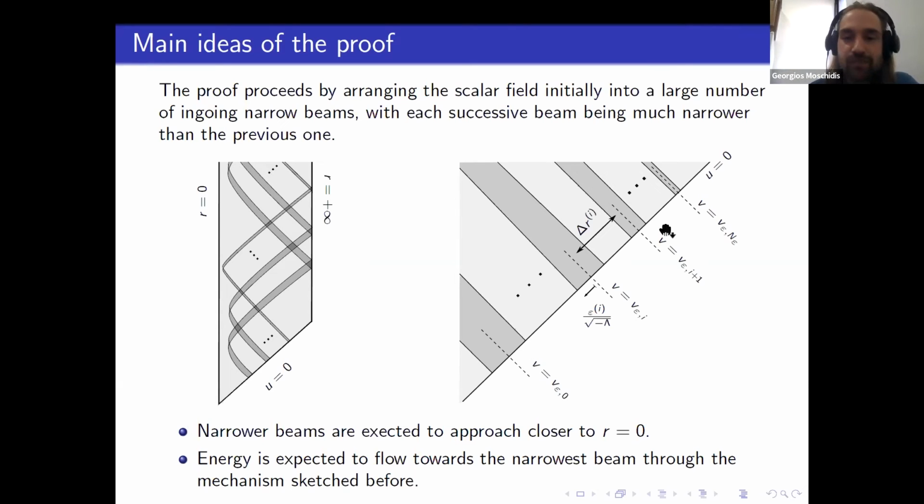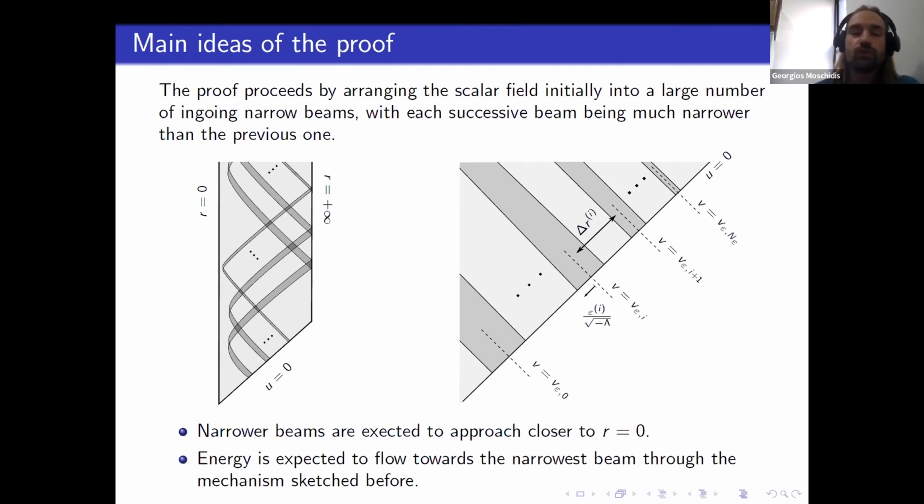Each successive beam is going to be narrower than the previous one, and there's going to be a hierarchy between the widths of each beam with respect to the previous one. Moreover, the distances between those beams have to be very small, but still large compared to the widths of the beams. More of that in a few seconds. And if we believe the heuristics that I sketched earlier, we expect energy to keep flowing from the larger beams initially towards the narrower beams to the future.